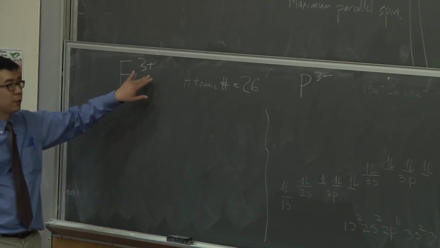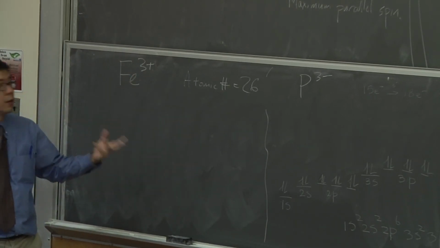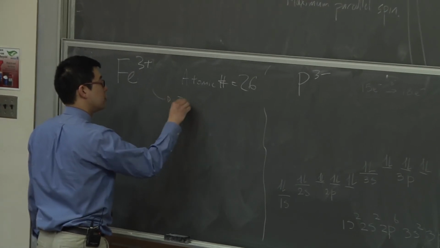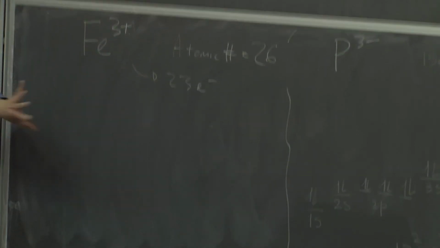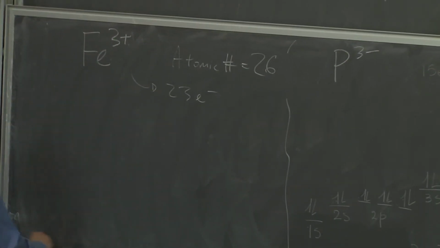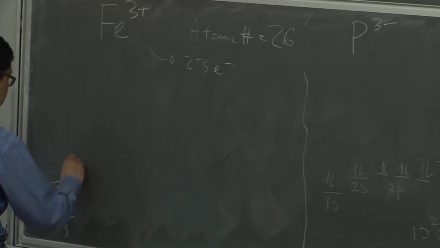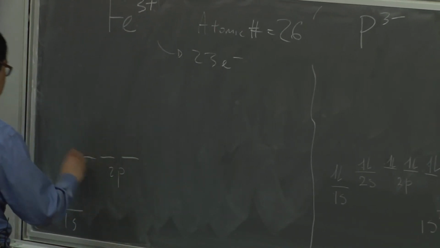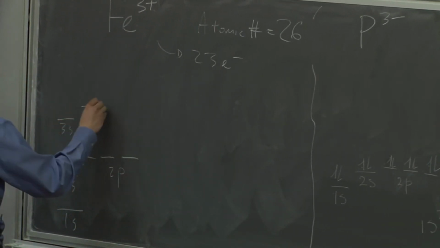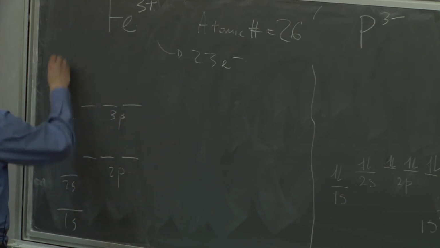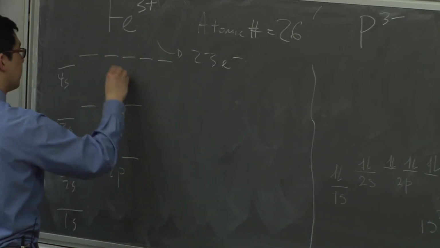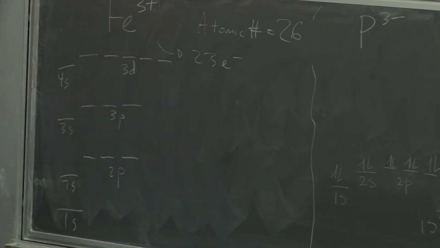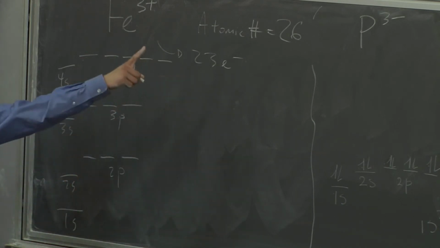The 3+ ion is going to have 23 electrons. What I'm going to do is draw out the 26 first and then take away 3. So 1s, 2s, and where am I going to have to end, just based on its location in the periodic table? That wasn't a hypothetical question. Where am I going to have to end based on 3d? Very good. So I'm going to have 23, and I'm going to start with 26.